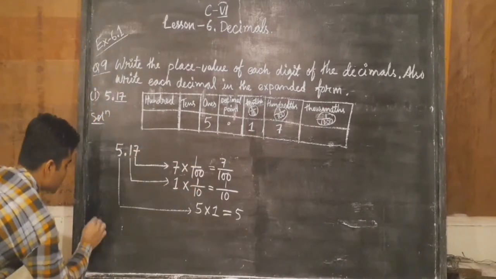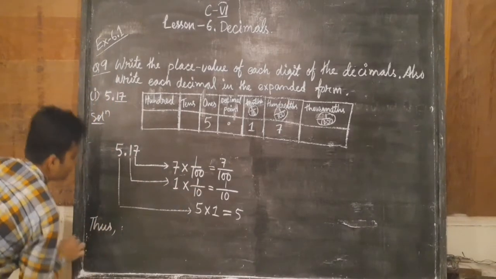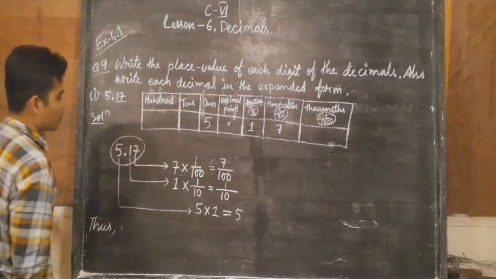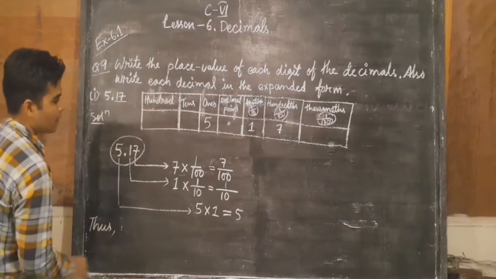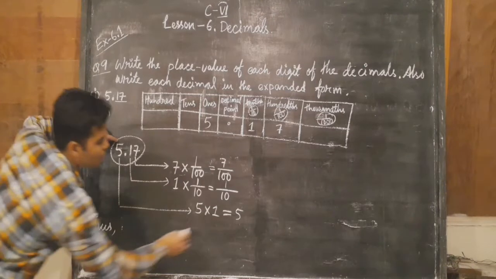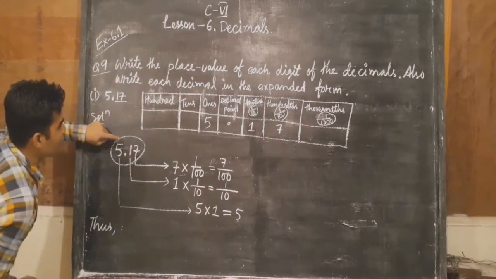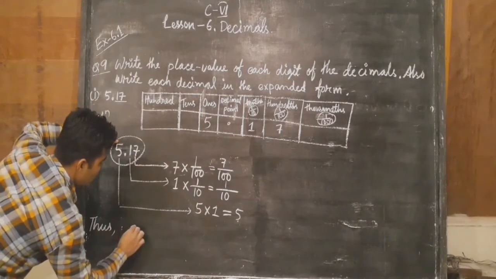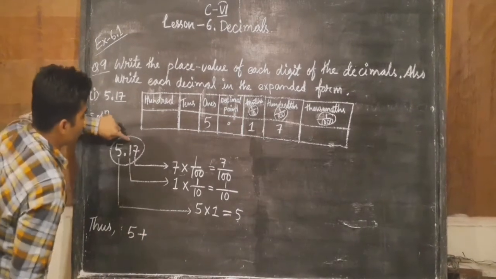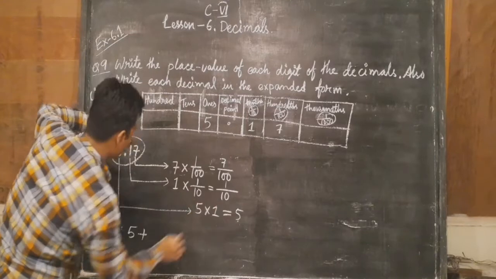If we arrange this decimal number in the expanded form, then we have to write the place value of each digit. First we will write the place value of this digit. You can see here the place value of 5 is 5 plus, now the place value of this digit is what? 1 by 10.